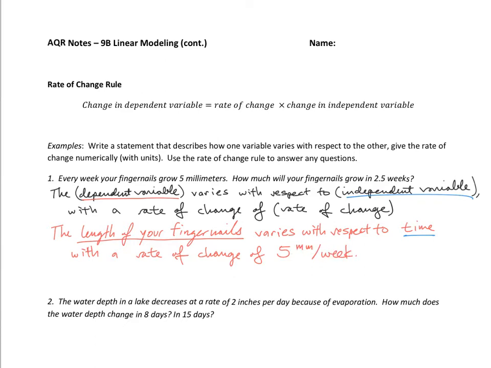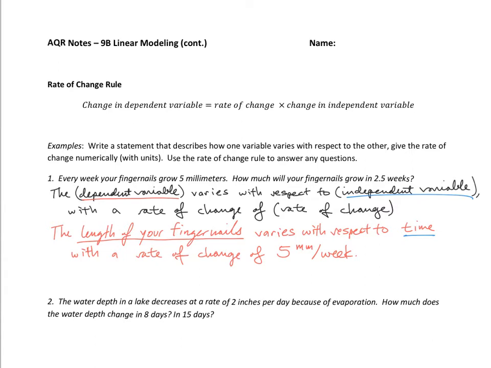So from there, we can use the rate of change rule to answer the question, how much will your fingernails grow in 2.5 weeks? This is an independent value, a change in your independent variable. And we just have to multiply that by the rate of change, and we will figure out how long the fingernails will grow in 2.5 weeks. Pretty simple. So even the units work out here.